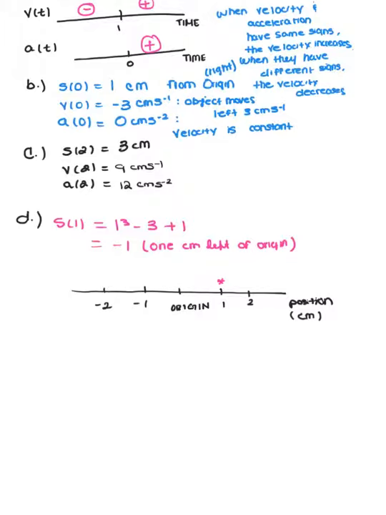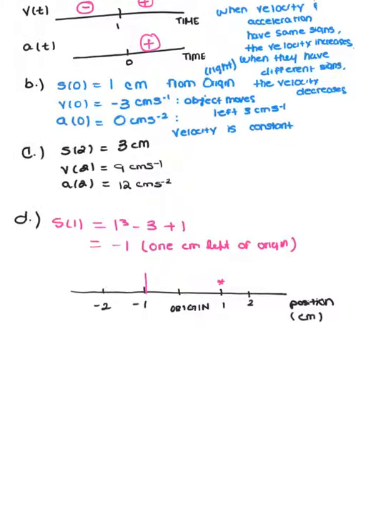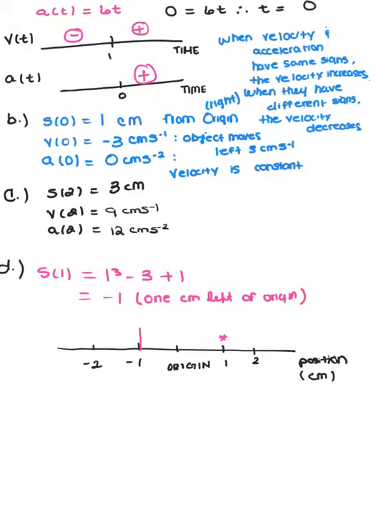Does it start going to the right? It goes left, right? How did you know it went left? Yeah, the velocity is negative, right? So it goes left. And then when it's 1 to the left of the origin, what happens?